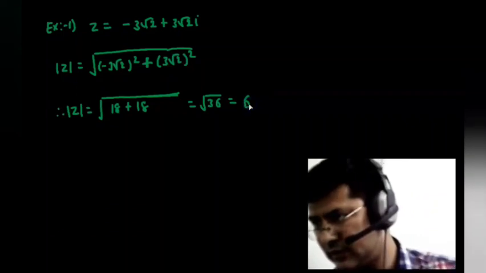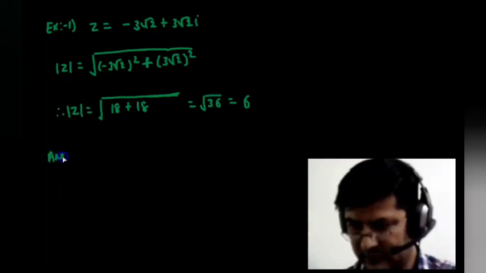In order to convert the given complex number into the polar form, we will find two things. The very first is the modulus of the given complex number, which is given by square root of a square plus b square: minus 3 root 2 the whole square plus again 3 root 2 the whole square. Therefore modulus of Z will be square root of 18 plus 18, is equal to square root of 36, is equal to 6.